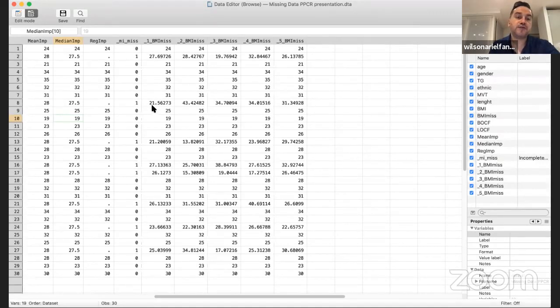For the second patient was 21, 21, 27, and so on. But the difference with the regression is that Stata is going to estimate this 5 times, because I said that I just wanted 5 data sets. So it gives more consistency to your replacement, to your data set.